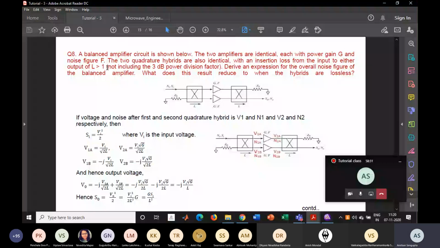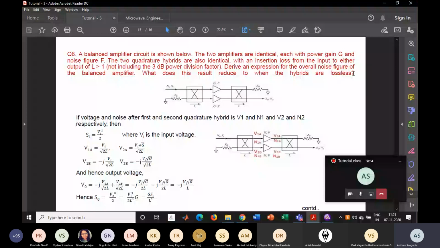Derive an expression for the overall noise figure of the balanced amplifier. What does the result reduce to when the hybrids are lossless? So there are two parts. First we derive the expression for the overall noise figure, and then we apply the lossless condition.